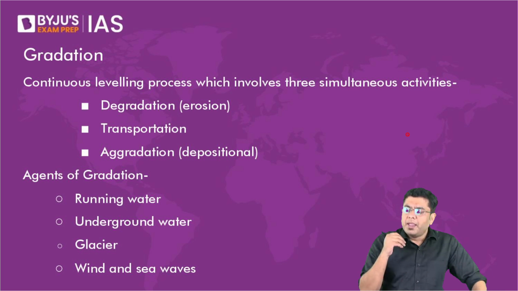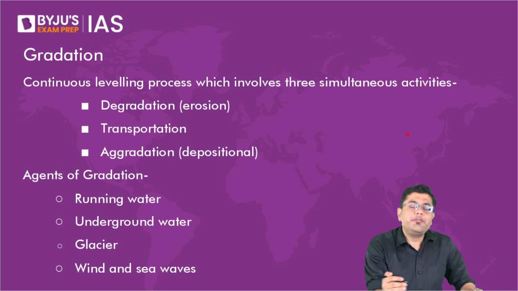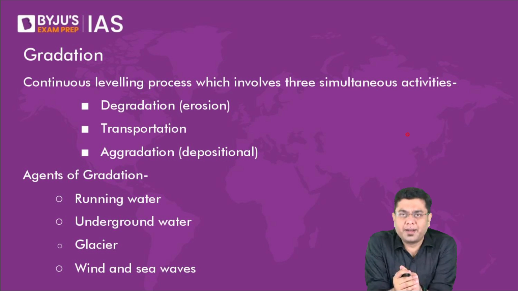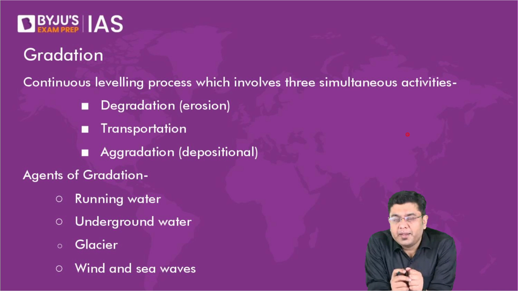Now, what is the controlling factor or the contributing factor behind erosion, deposition, and transportation? It is the agent of nature. And these agents of nature, depending upon their speed, have their own carrying capacity.